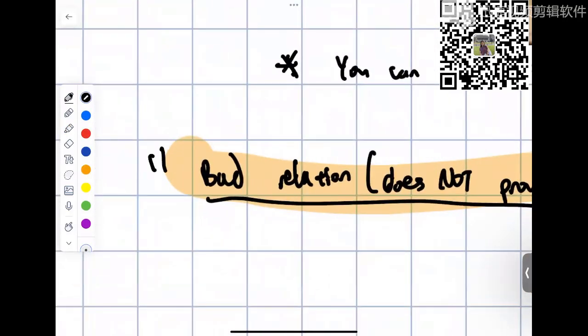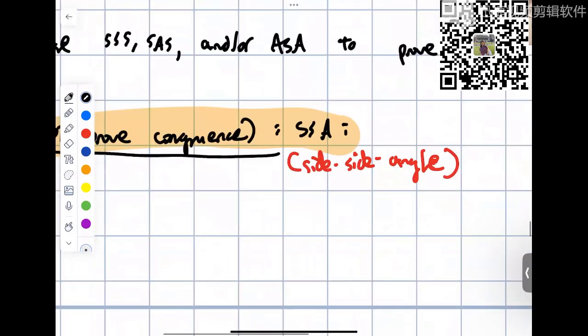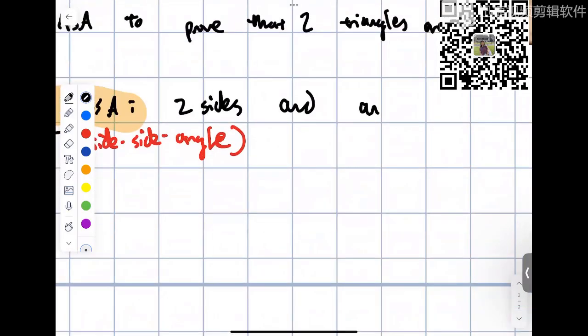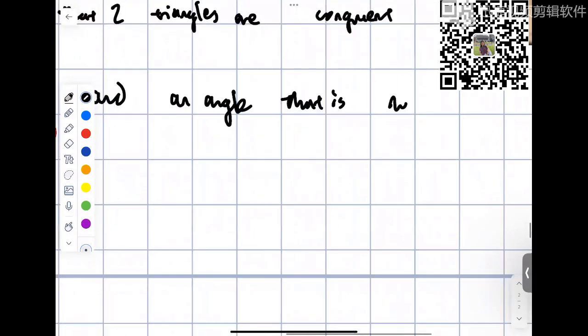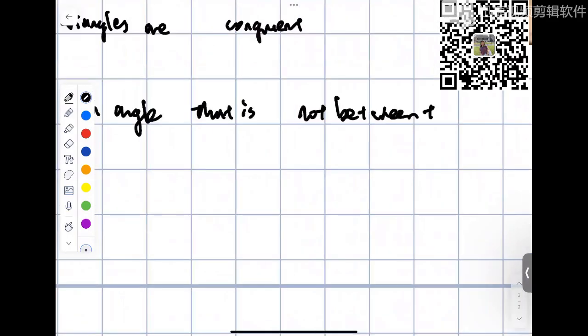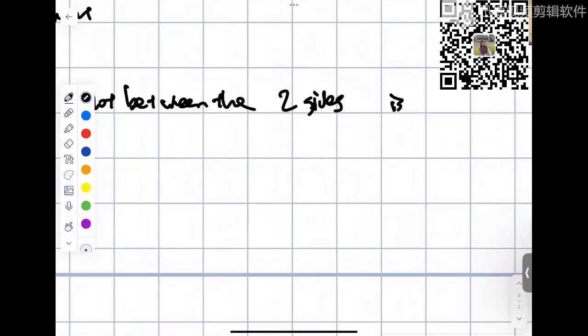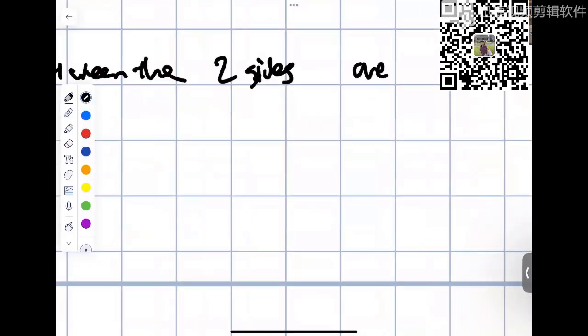I'm going to draw a frowny face because this is not a good congruence. An SSA is two sides and an angle that is not between them. Two sides are congruent.